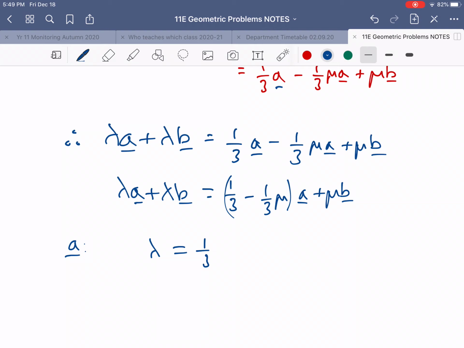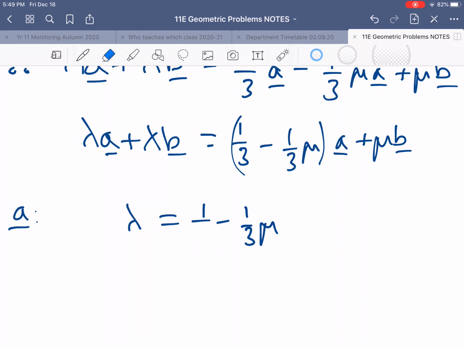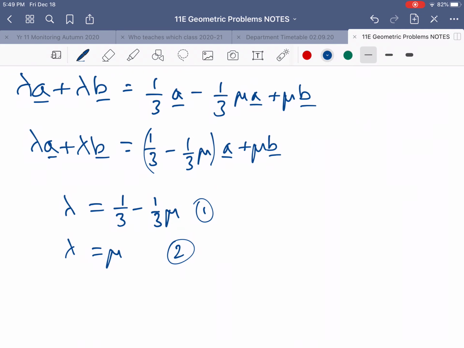On the right I have a third minus a third mu lots of A. In terms of the B's, on the left I have lambda B's. And over here I have just mu lots of B. So I can solve these simultaneously. I'm going to do it by substitution. So I'm going to substitute in number 2 into 1.